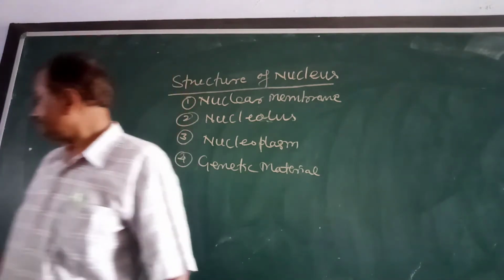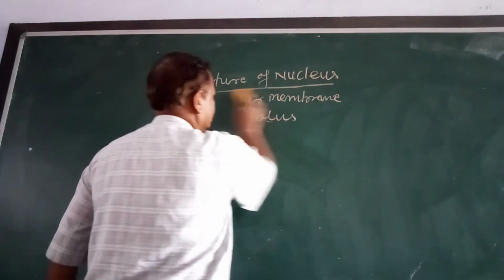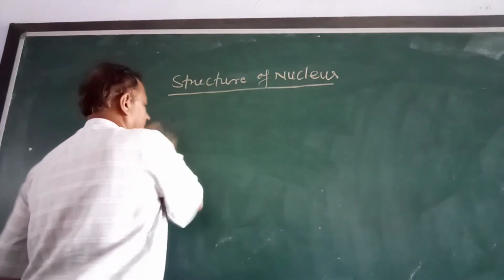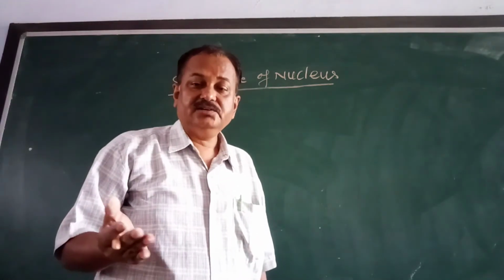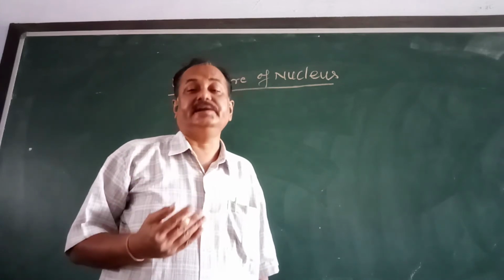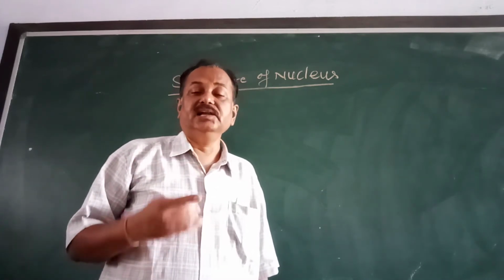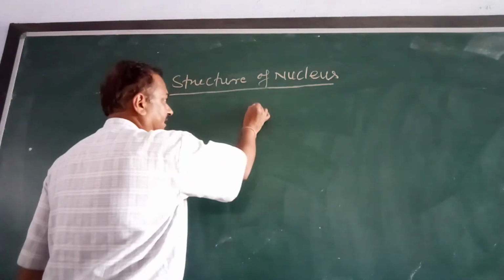Now see, the nucleus is a round structure, circular structure. It has a double layered membrane, which is called the nuclear membrane. So the nuclear membrane has a double layer. It is like this.